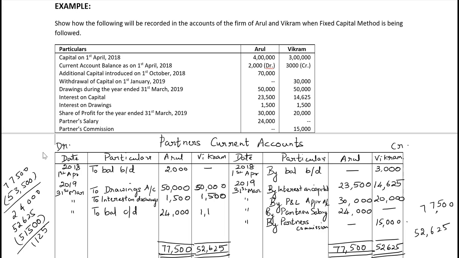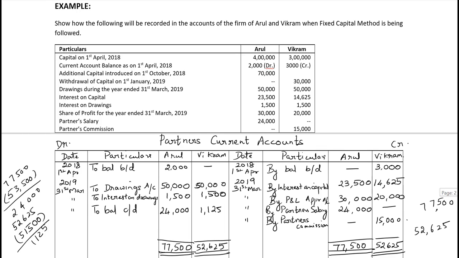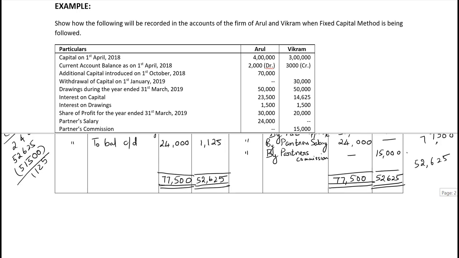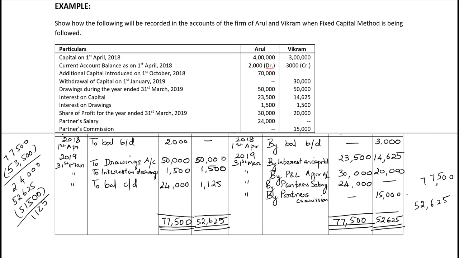Closing balance 1,125. We need to bring this down to the next accounting period. 2019, 1st April, by balance brought down.